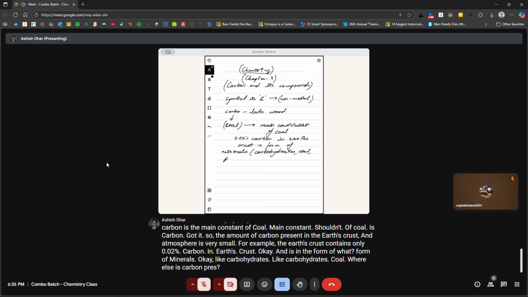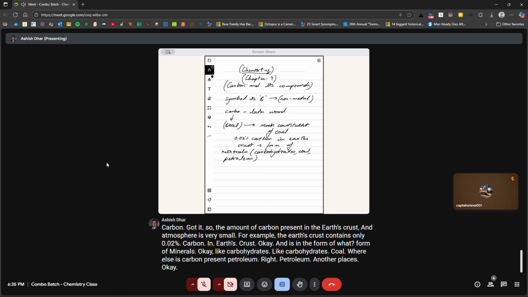Where else is the carbon present? Petroleum, right? Petroleum and other places.